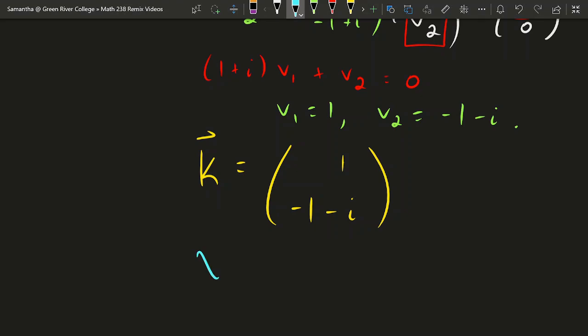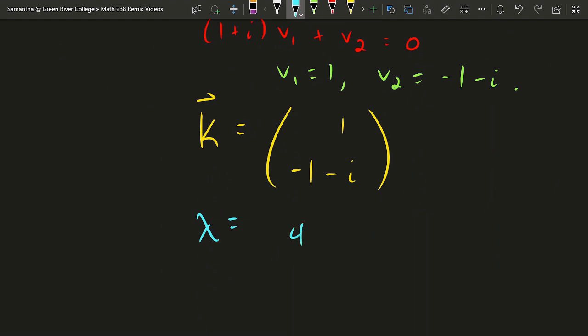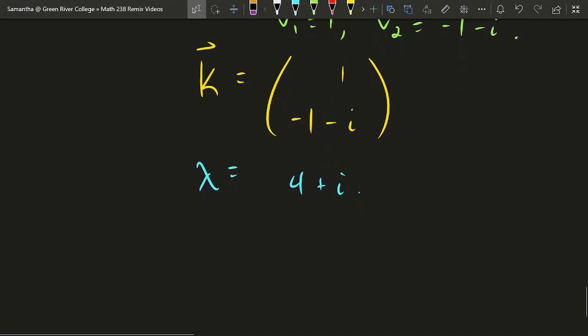So now that I've found my eigenvalue and eigenvector for this problem, all I have to do is identify the values of alpha and beta and B1 and B2 in the theorem and assemble them into the formula, and then I'm done. So alpha is the real part of lambda, the 4. That would be the part that goes with the exponential in the formula.